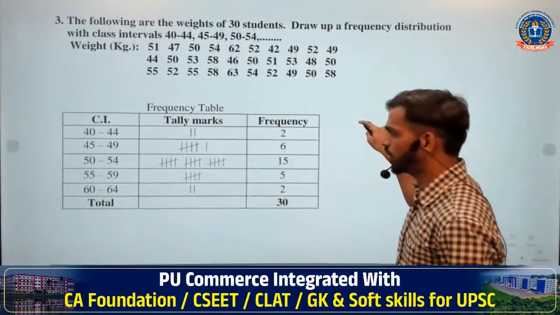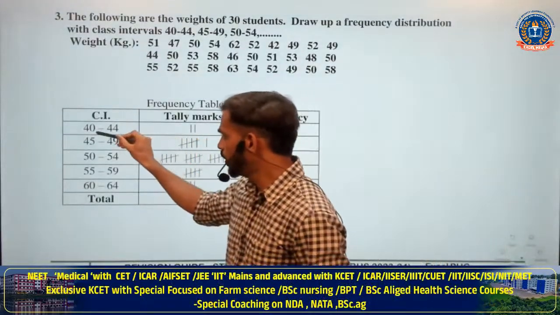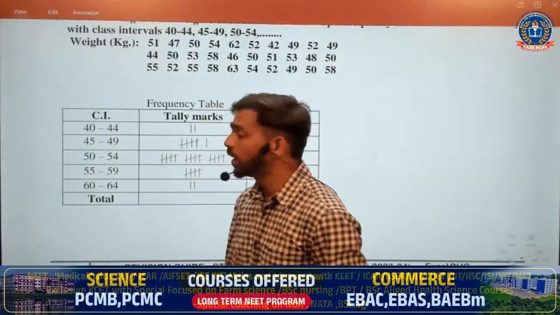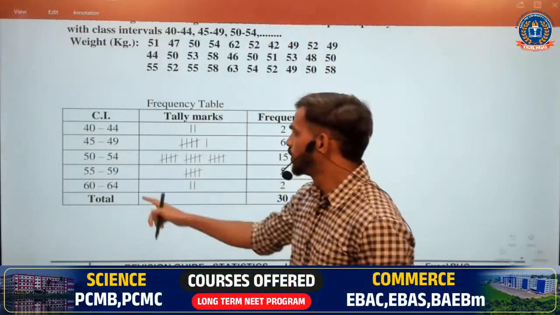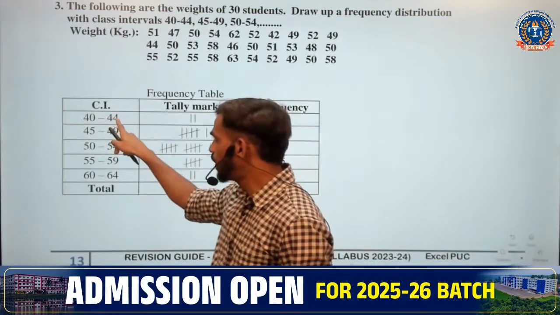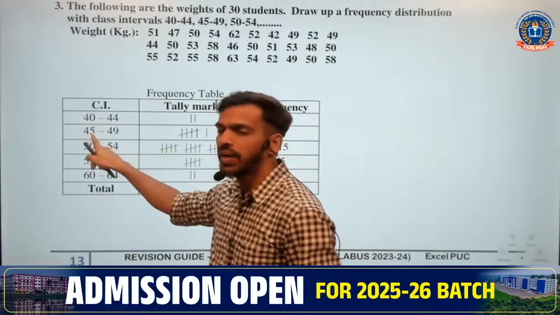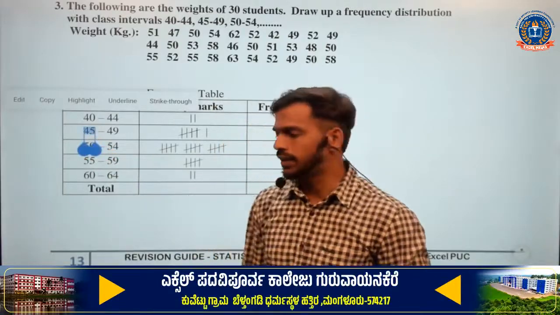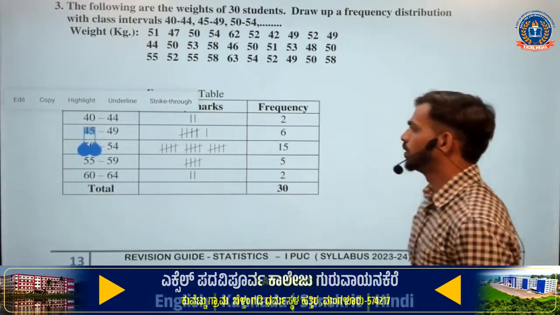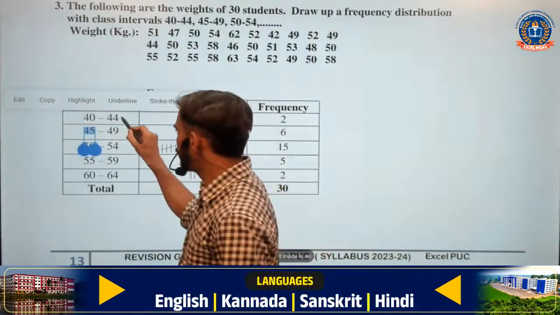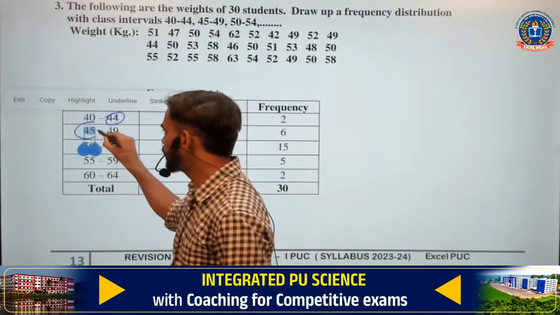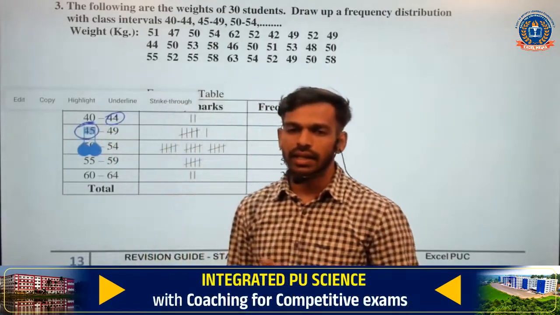See, this is another type of class interval. Here 40 to 44, similarly 45 to 49. Here the upper limit is not the same as the lower limit of the next class. Try to understand. The upper limit of the first class is not the same as the lower limit of the next class.